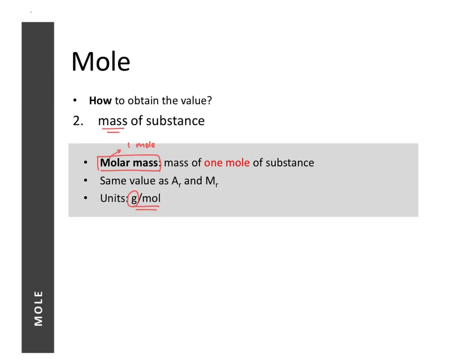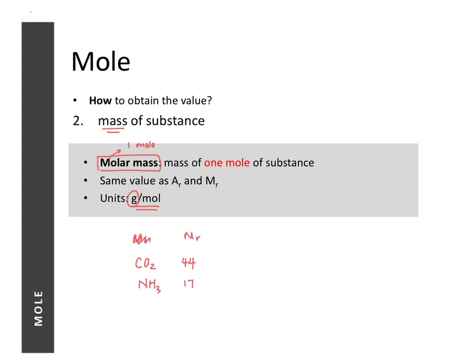Alright, so if you recall, let's go back to a few relative atomic and molecular masses that we have seen. For example, CO2, ammonia. For relative molecular mass, we simply need to sum up the atomic masses for all the atoms. So you will get 44 for carbon dioxide, and 17 for ammonia.